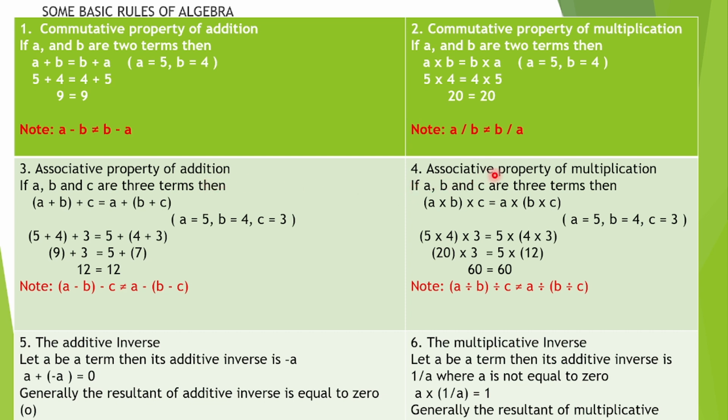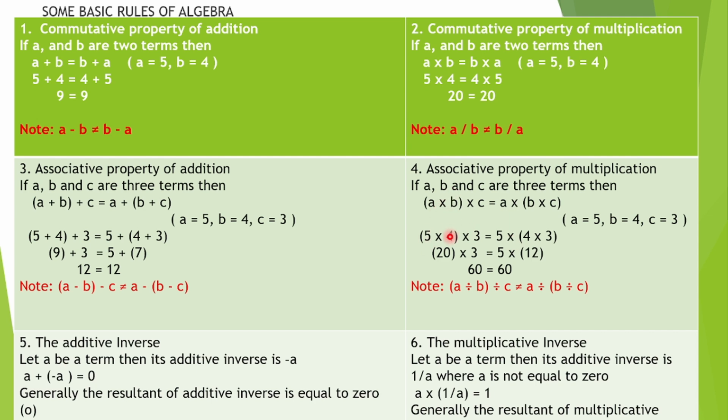Now the associative property of multiplication. According to this law, we can say (a multiplied by b) multiplied by c is equal to a multiplied by (b multiplied by c). So let's say a is equal to 5, b is equal to 4 and c is equal to 3. Then put the values.